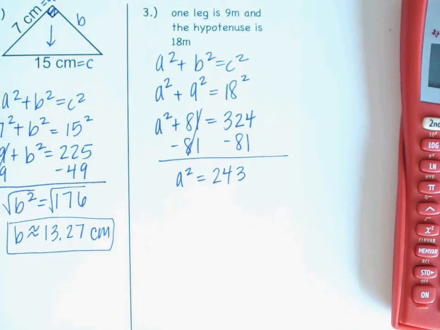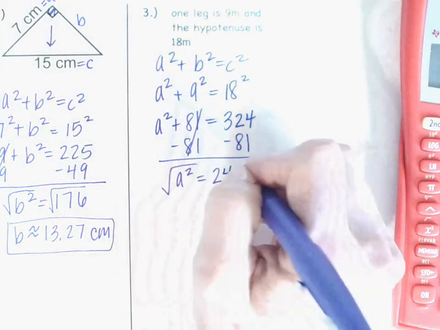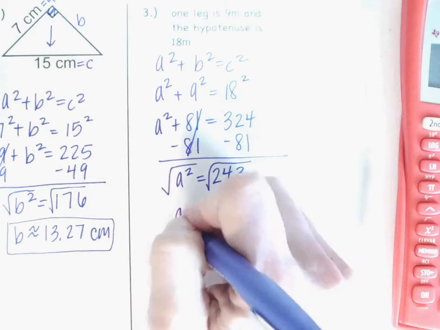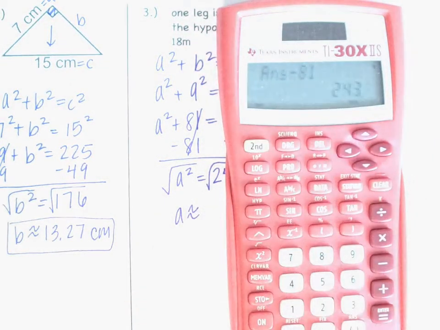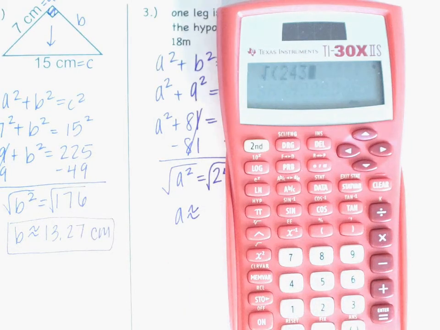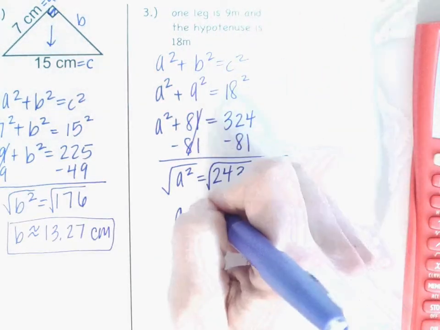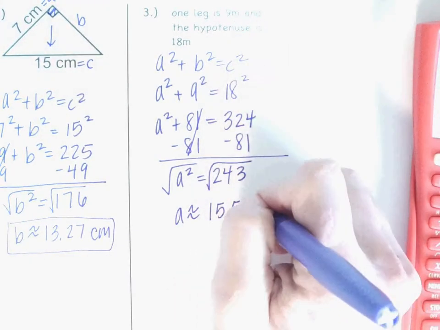If I have a squared, we're going to do the inverse. The inverse of that is to find the square root. If we do it to one side, we do it to the other. Here we go. Hit second, x squared, 243. Enter. We have 15 and 59 hundredths. Put the label on there. It looks like it's meters.